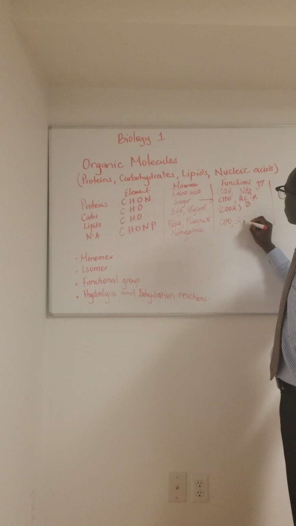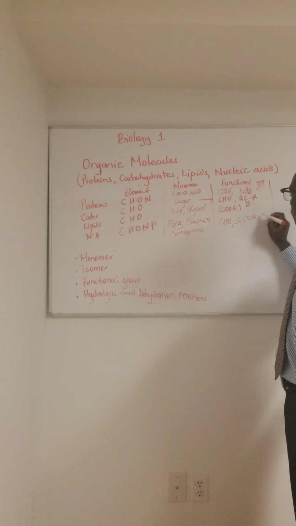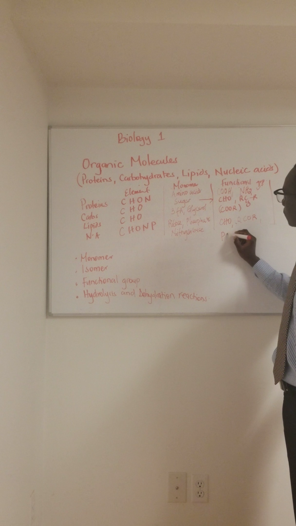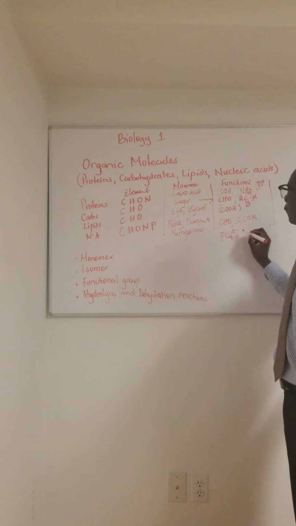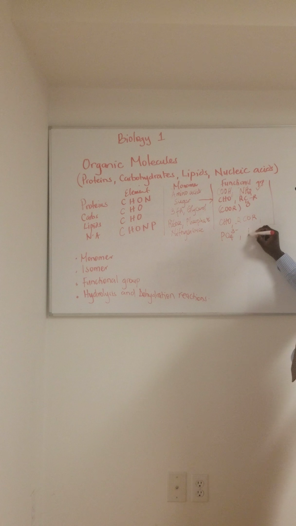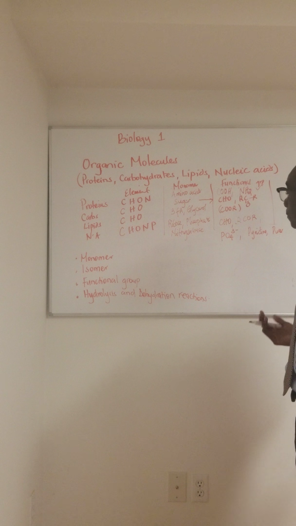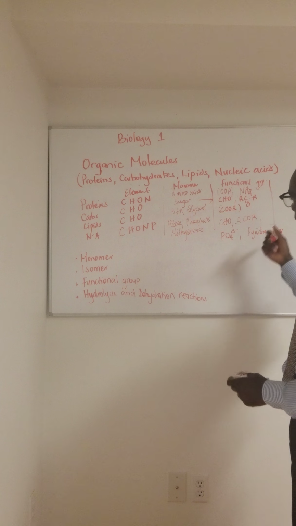A ketone, or a phosphorus, a phosphate. Then a nitrogen base. So nitrogen bases, we have the pyrimidines and the purines. All these have nitrogen as their basic functional group.